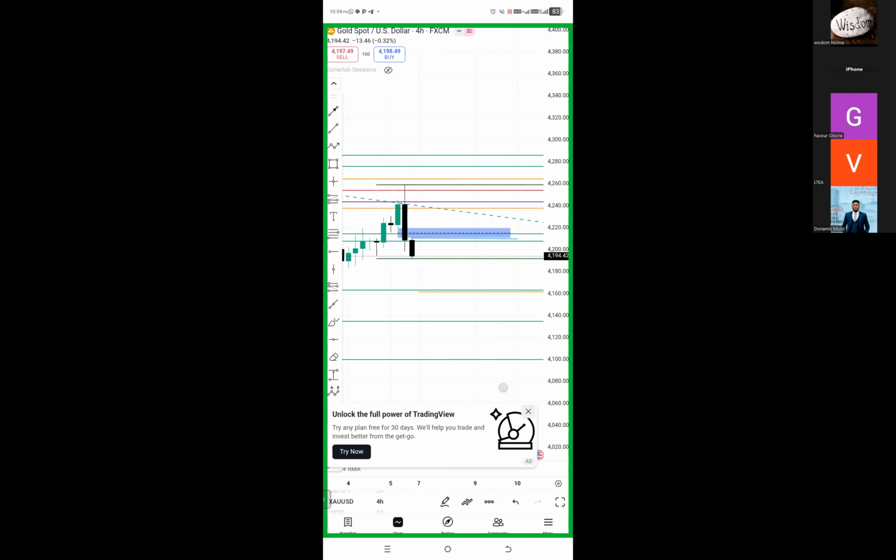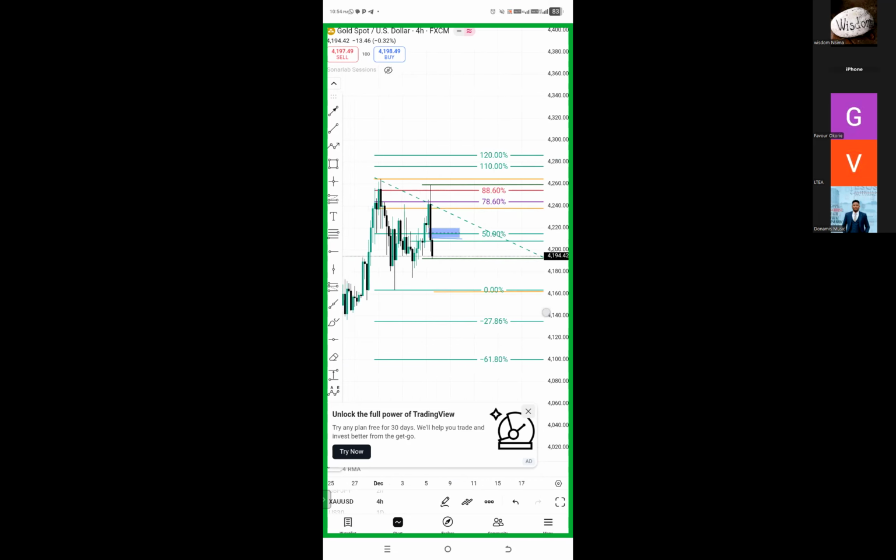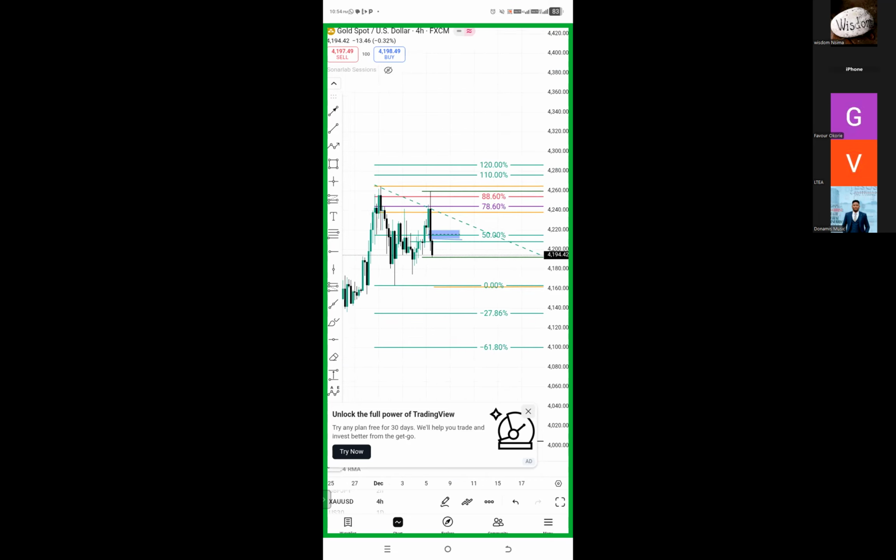You see the fair value gap that you marked out on the 4 hour? It is the 50% of the range. But you only marked out the fair value gap because it's a fair value gap, you didn't even know it's the 50% of the range. See why I mark the fair value gap here?